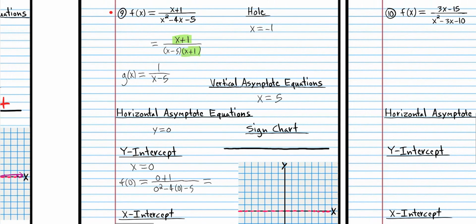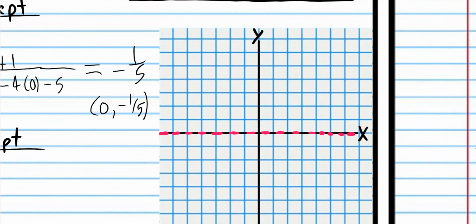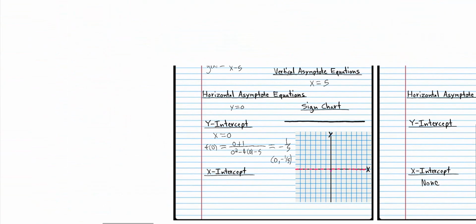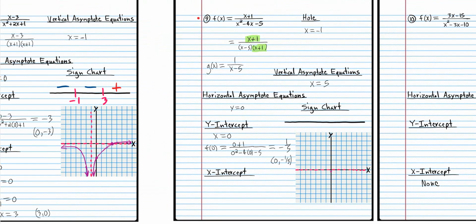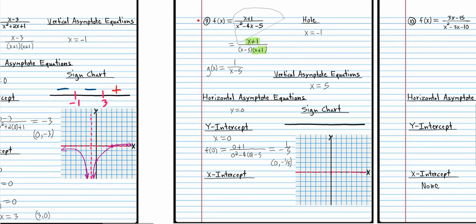So we get -1/5. The y-intercept is (0, -1/5). Let's plot that. And now let's find the x-intercept.